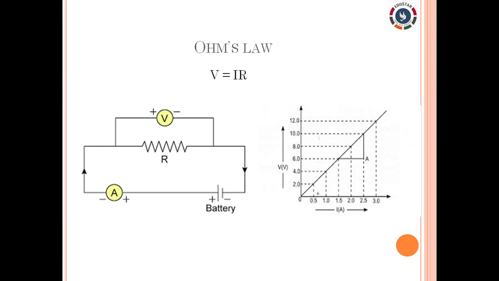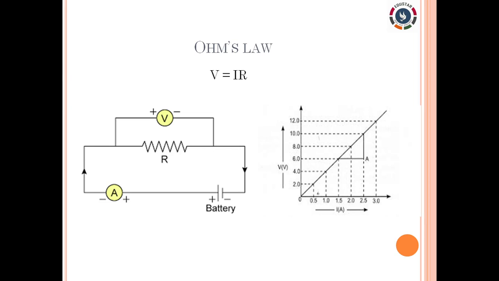You can calculate the V by I ratio using this graph by taking the slope. Based on this, we have already worked out one problem in our previous video session. If you want, please go back to that video and refer to it.